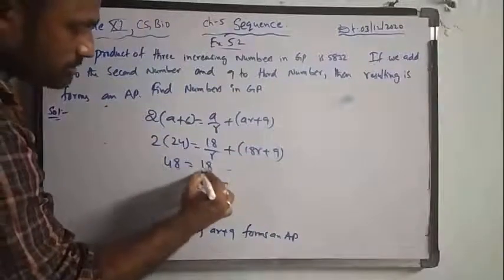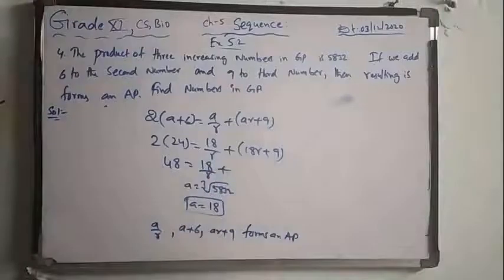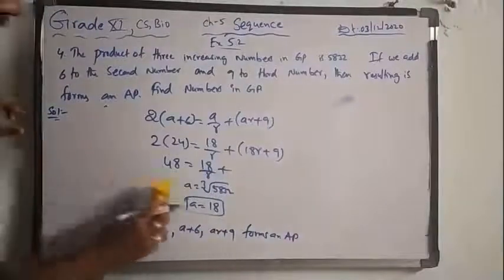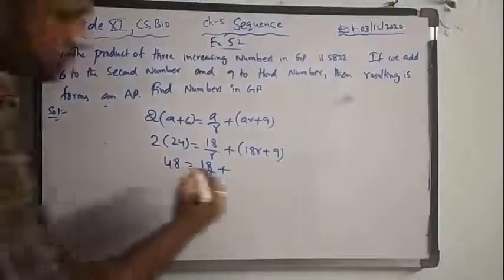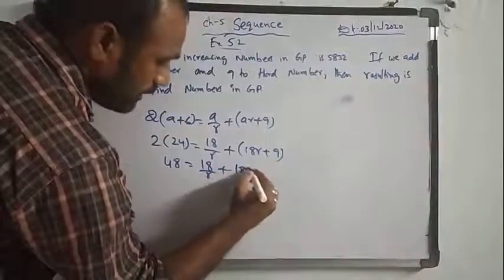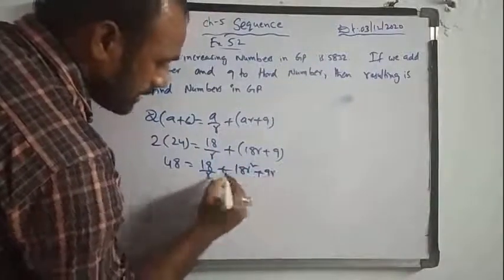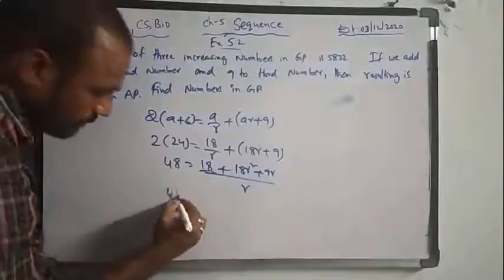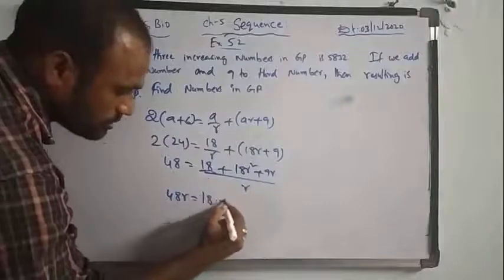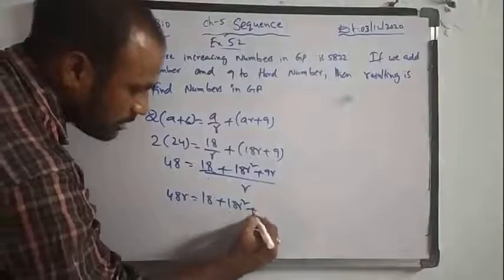So 48 is equal to 18 by r plus 18r square plus 9r by r. So it will be 48r is equal to 18 plus 18r square plus 9r.